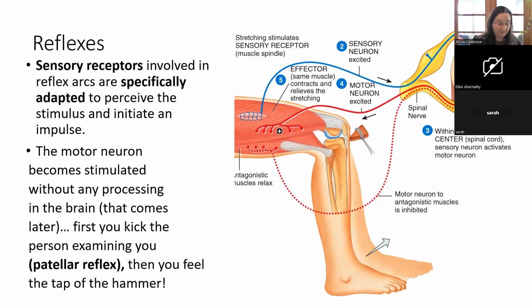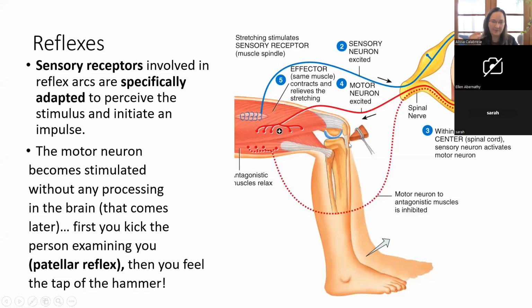And there are a bunch of reflexes, and these are a good way to detect how well the nervous system is functioning. You've probably all been to the doctor where they've done this hammer reflex, where they're tapping a hammer against the patellar ligament.